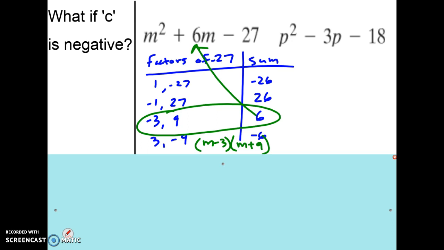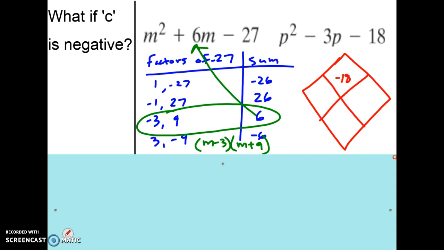There's another method that we went through, which is called the diamond method, which I'll show you over here. We're going to put negative 18 on top, and we have negative 3. These two numbers on the sides have to multiply to negative 18, but they have to add to negative 3.